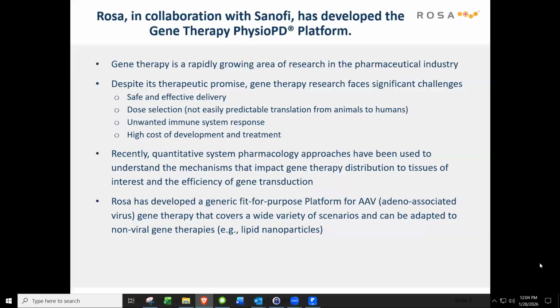So gene therapy where we use this virus. And this platform or model covers a wide variety of scenarios and can be adapted to non-viral gene therapies, for example, in LNPs or lipid nanoparticles.